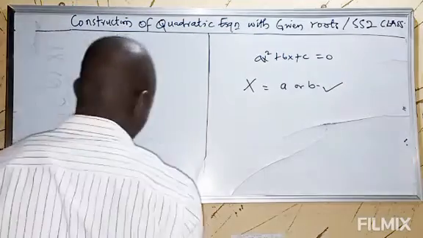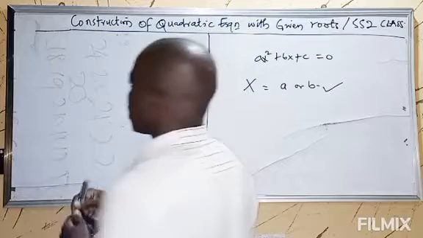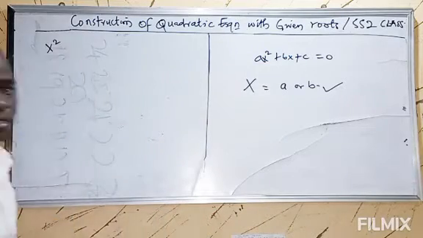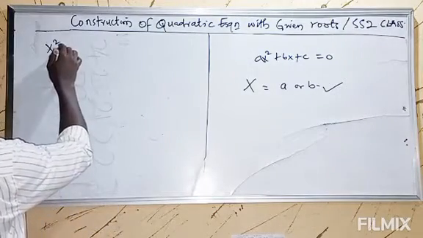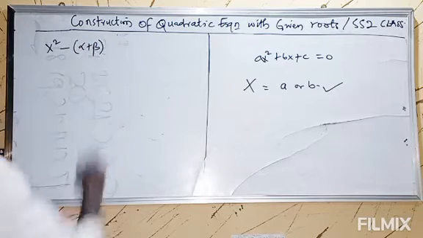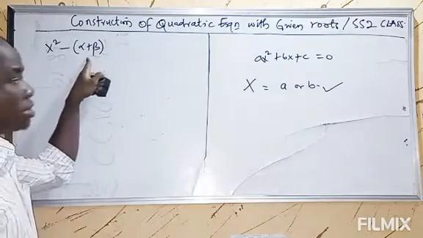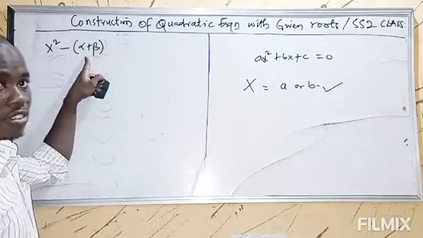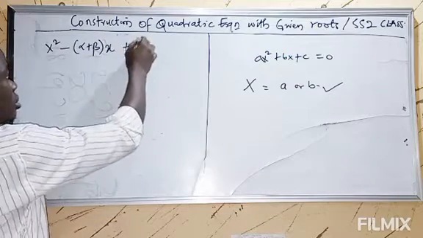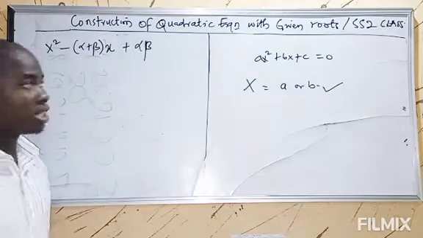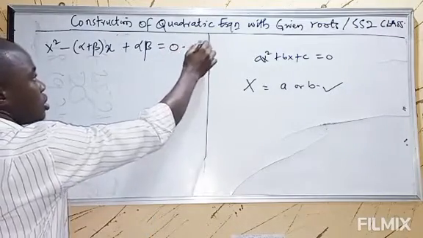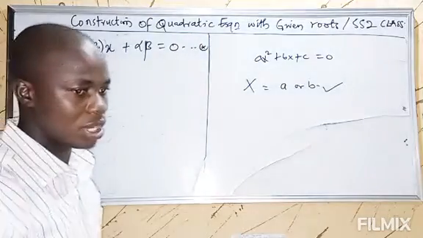The formula is x squared minus the sum of the roots, which I denote as alpha plus beta, times x, plus alpha beta, that is the product of the roots, equals 0. So this is the equation we are going to be using.